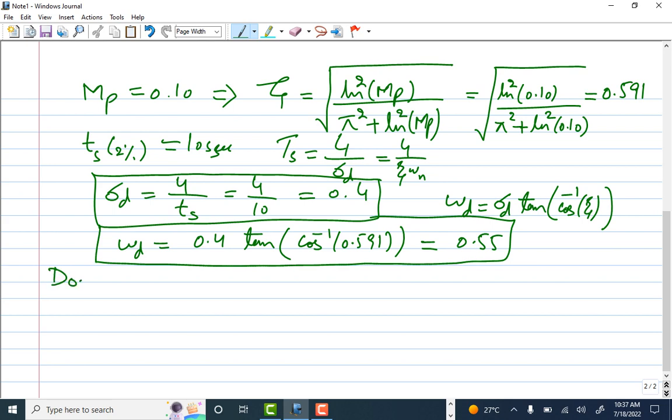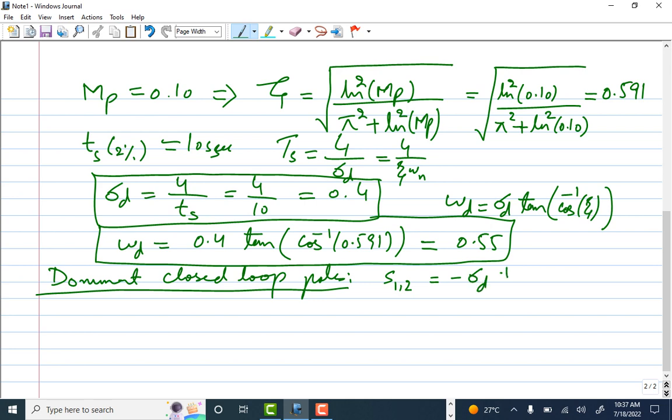The dominant closed loop poles must be s1, s2 equal to minus sigma d plus minus j omega d. So from here, s1,2 is equal to minus 0.4 plus minus 0.55j.